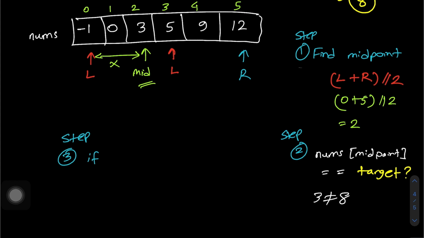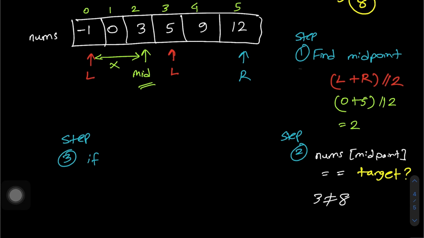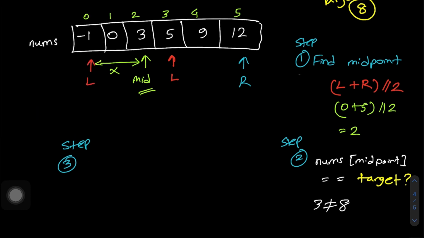If nums of mid is less than the target, what we do is change the left pointer's value: the left pointer becomes mid plus 1 and the right pointer stays where it is.